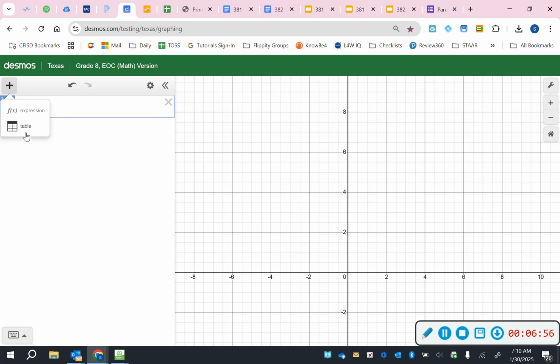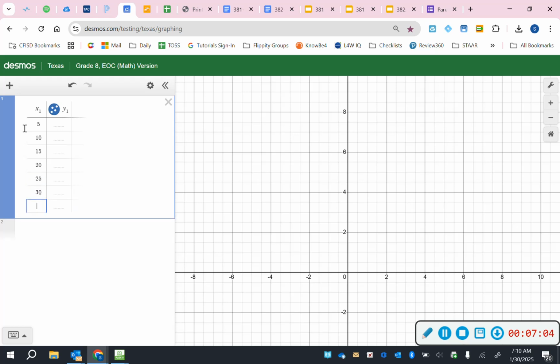So plus sign table, I'm going to get all those points in there. 5, 10, 15, 20, 25, 30, 35, 40. And then for my y's, we got 3, 10, 17, 27, 44, 64, 86, and 112.